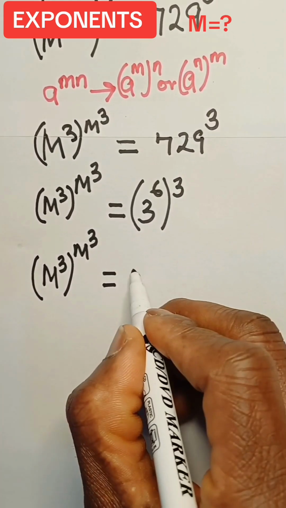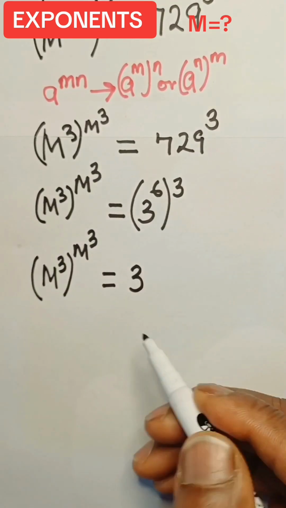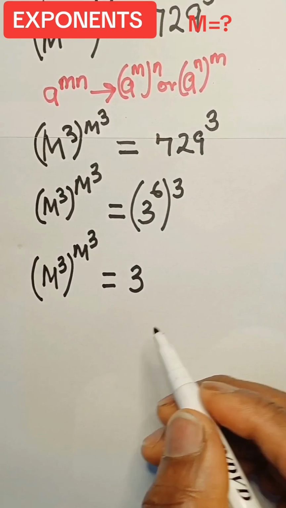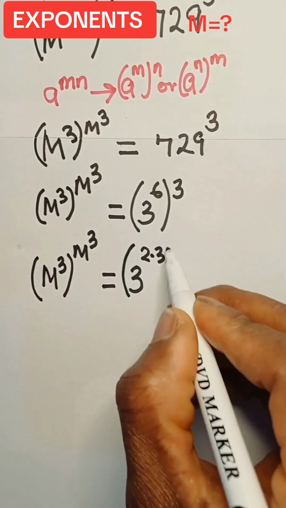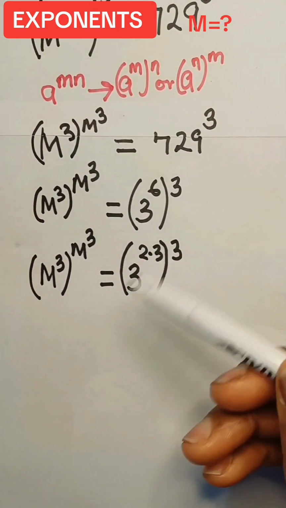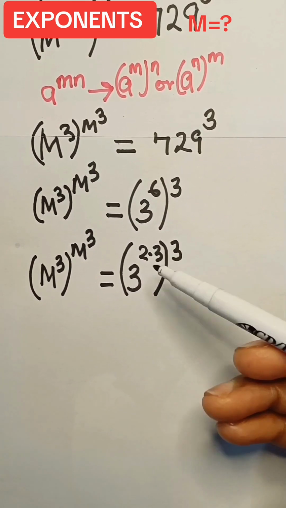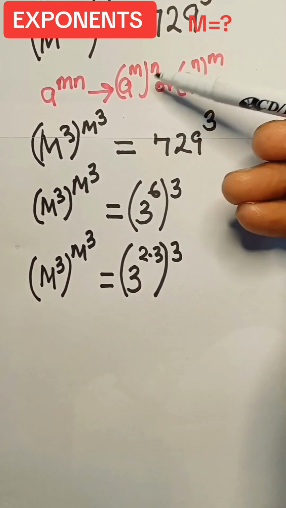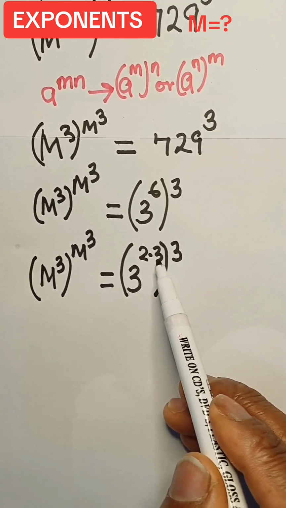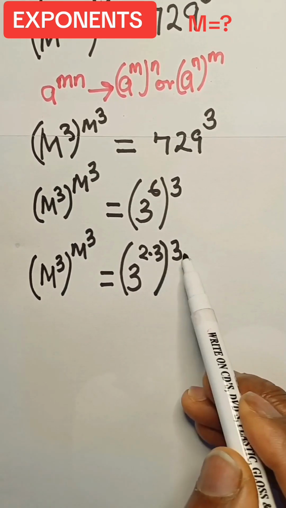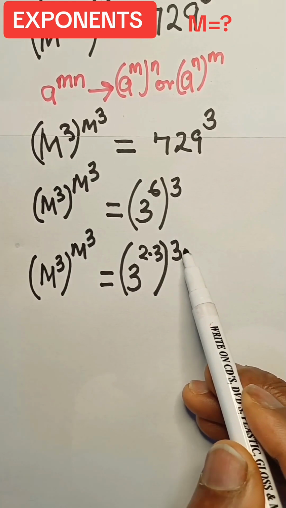3 raised to the power of this 6, we can split it as 2 times 3, because 2 times 3 is going to give us 6. Now on the right hand side, we are going to apply the same law of indices we applied earlier. This 3, we are going to bring it out of the parentheses to multiply this 3 that is already here.